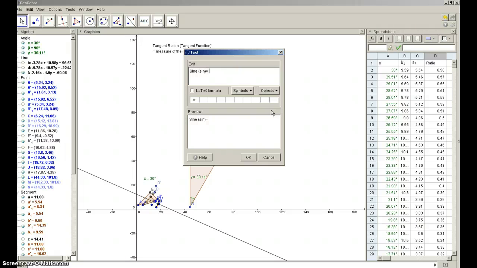And that would be the ratio of the opposite side over the hypotenuse. Okay? And then you have the cosine, which is often written as COS on your calculator, which is equal to the adjacent side over the hypotenuse.